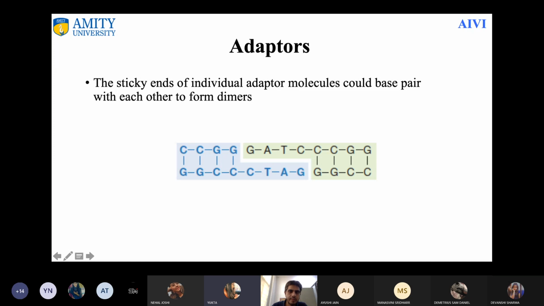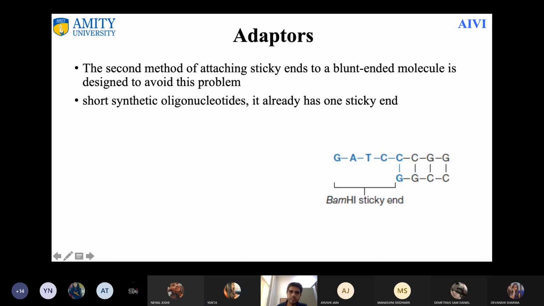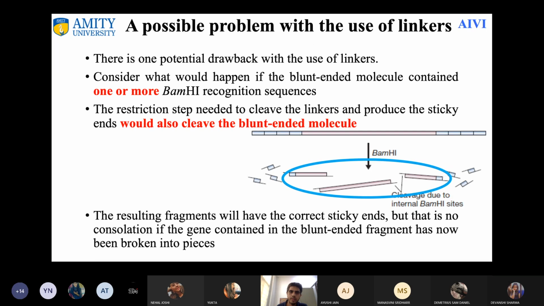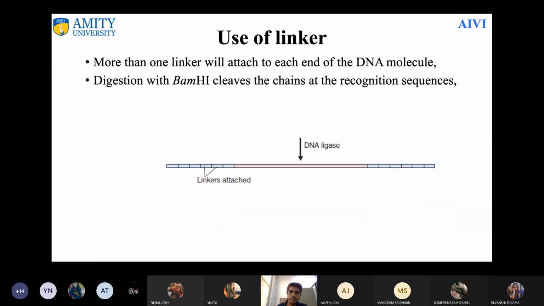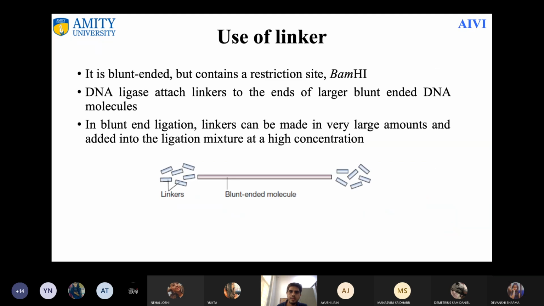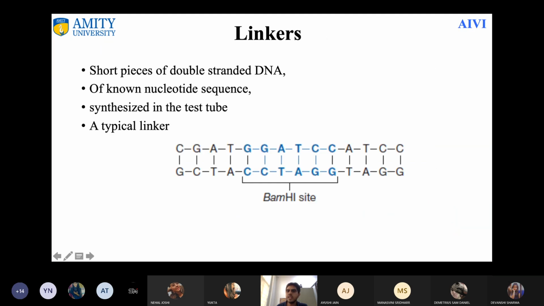Okay, sir. Thank you. Sir, how is having more recognition sites in the blunt-ended molecule considered a problem? You mentioned it when you were talking about linkers. Okay, so this is a linker.